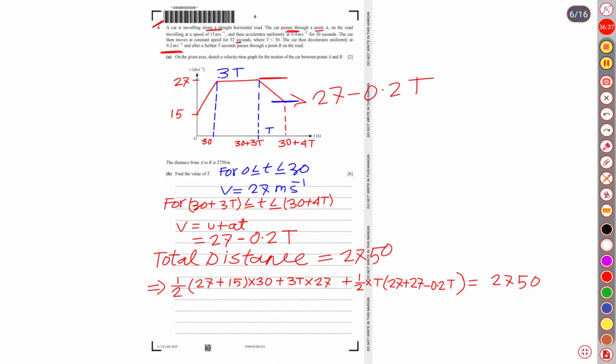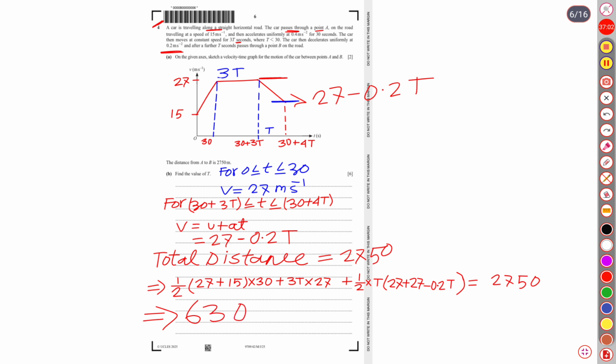So this is how our step goes. Now if we simplify, it is going to be 27 plus 15, that is 42. 42 over 2 means 21. 21 into 30, that is 630.